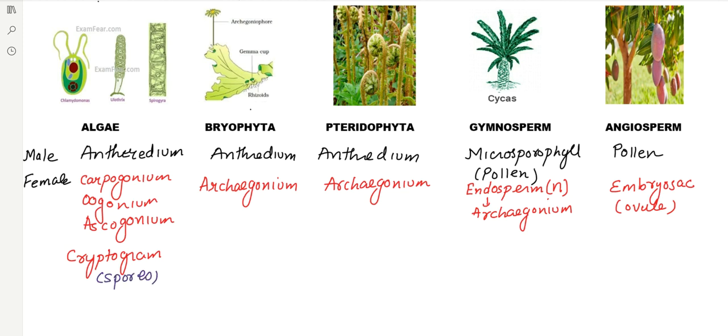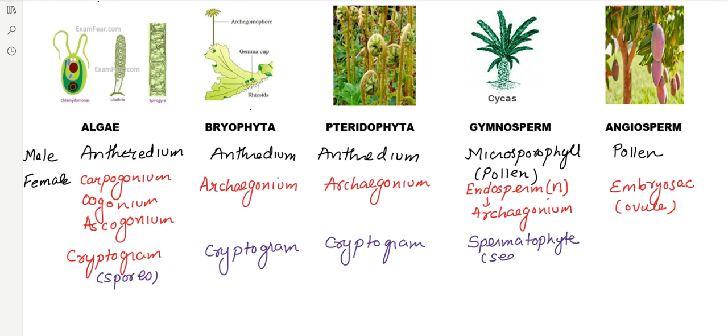This propagation method was followed even in bryophyta, which also comes under the group called cryptogams, followed by pteridophyta, which also comes under cryptogams. Now, in gymnosperm this was changed to spermatophyta, where it propagates with the help of seed.